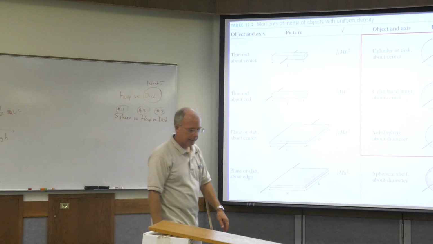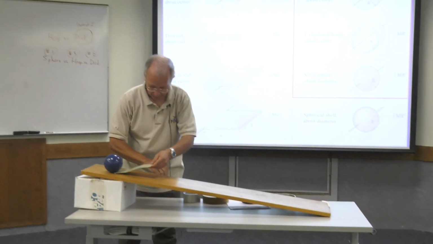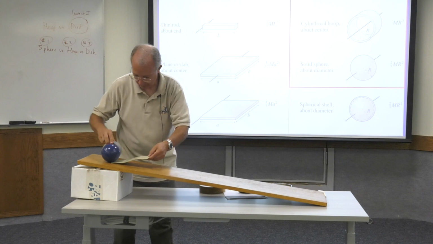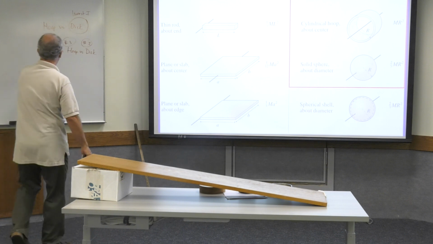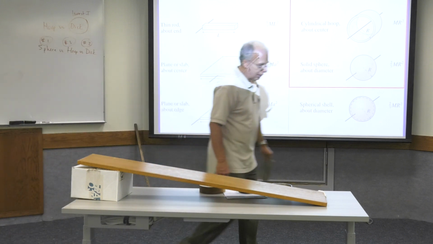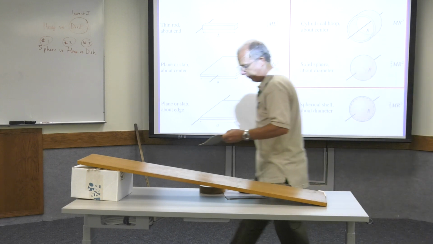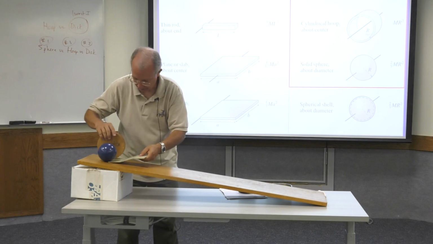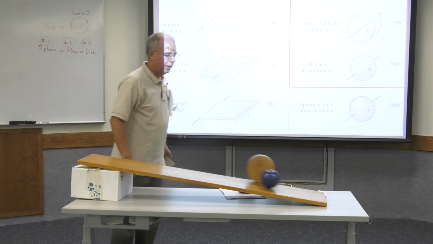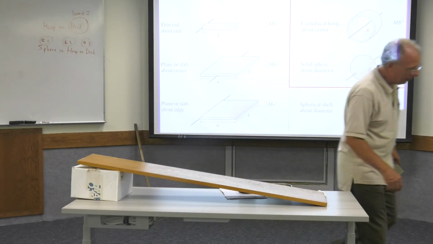All right, so let's do it. Sphere and hoop. Okay, so the sphere kills the hoop. Well, we expected that. Now sphere and a disc. Oh, that was closer. Woo, that was closer, huh? But which one won, though? The sphere.